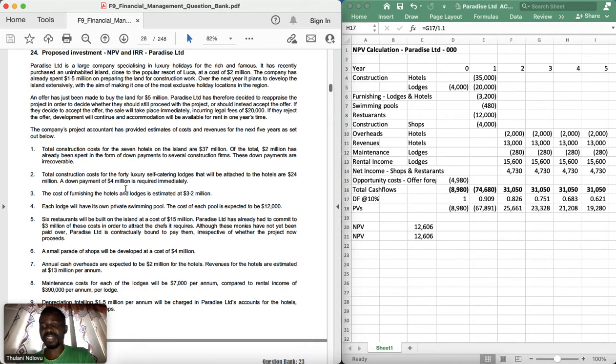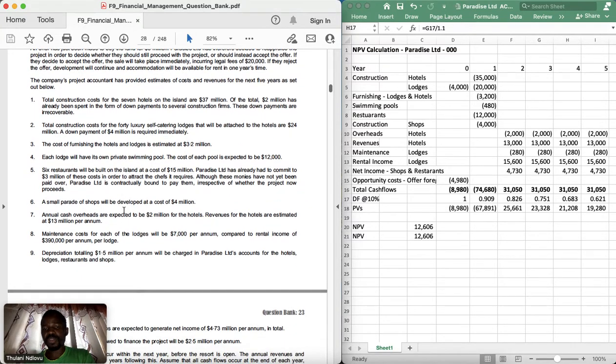The 3.2 million is relevant. Note number 4, the swimming pool is relevant. And let's go to note number 5. Not the whole 15 million is relevant, but the 15 million less 3 million, which is 12 million, is relevant. Whereas this 3 million is irrelevant, as it is a committed cost.